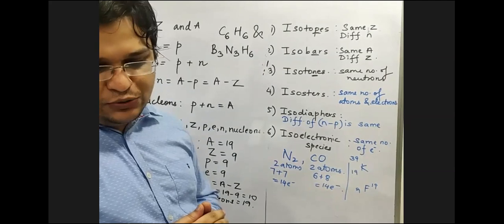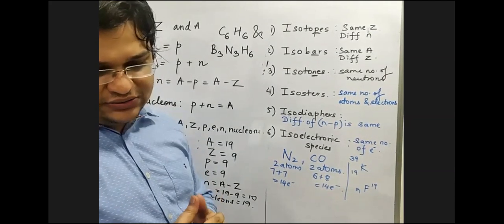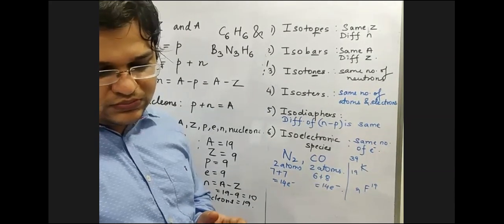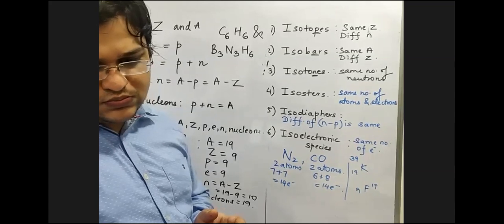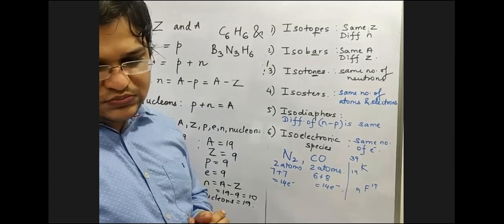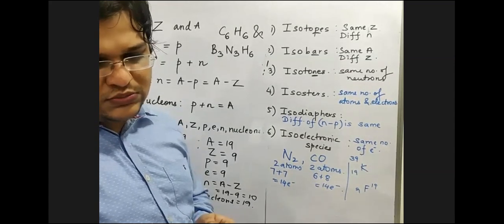Isotones तो बिल्कुल भी नहीं होगा। Isodiaphers कैसे होगा? क्या होगा ये?